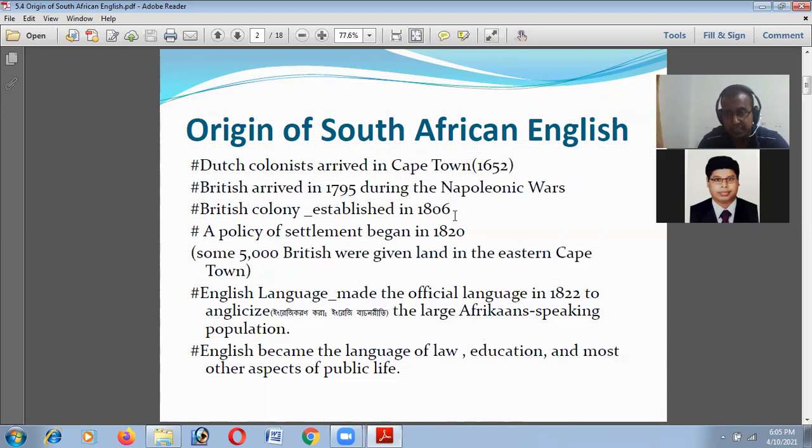They spread to other parts of this world in terms of investigation, exploration, cultivation, and doing business. But it was only the British who had another motive in their minds: they wanted to establish their colony.